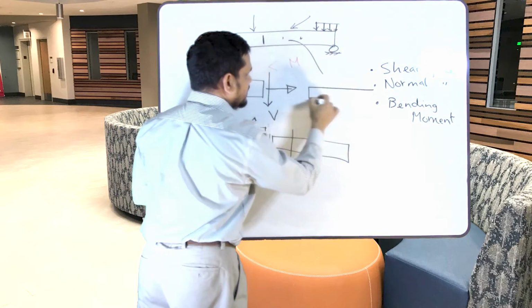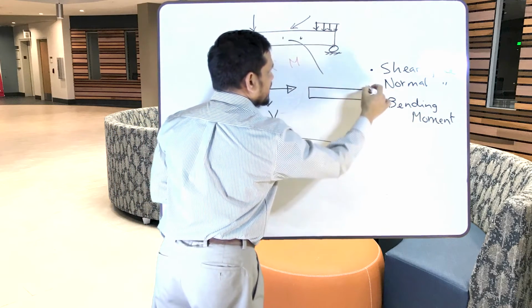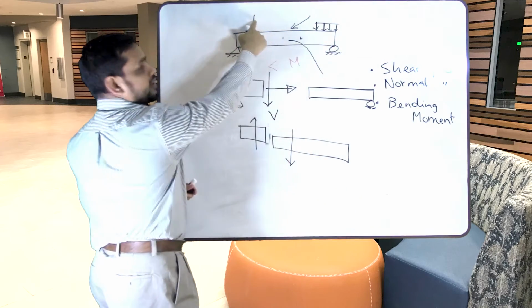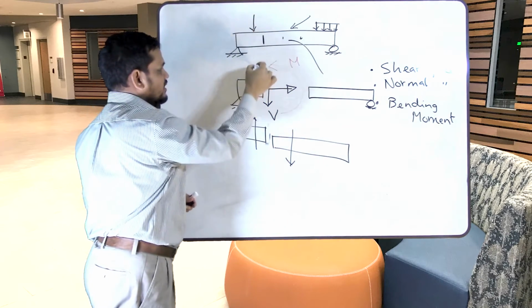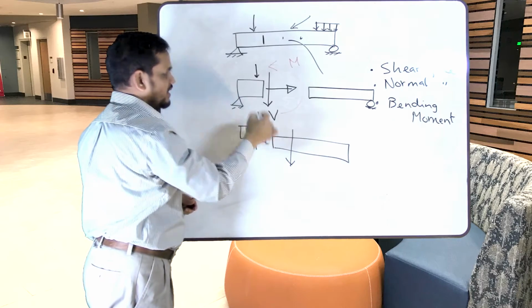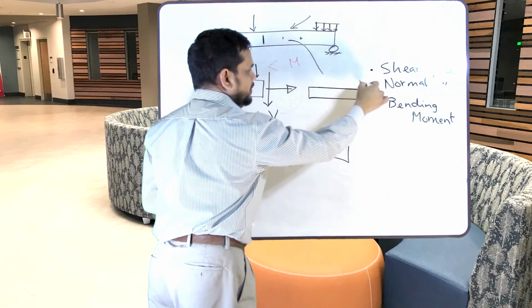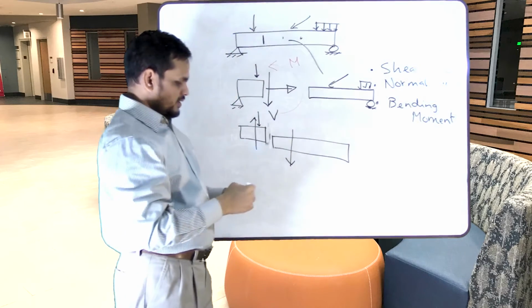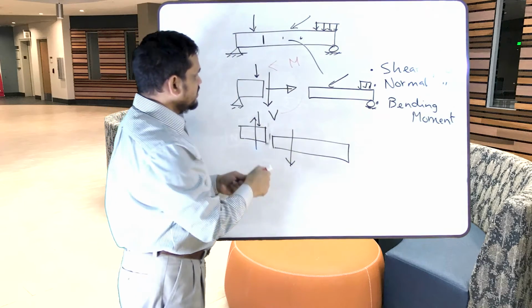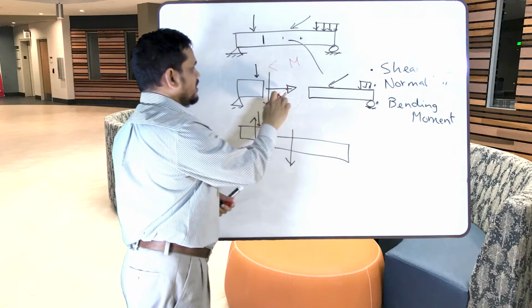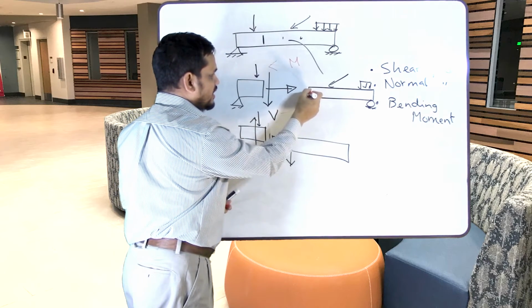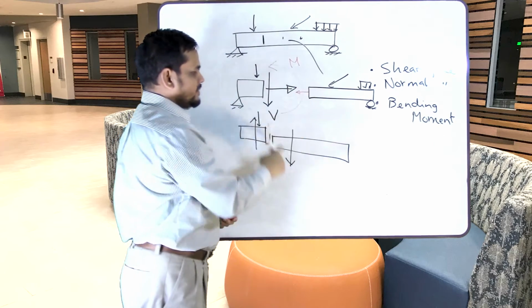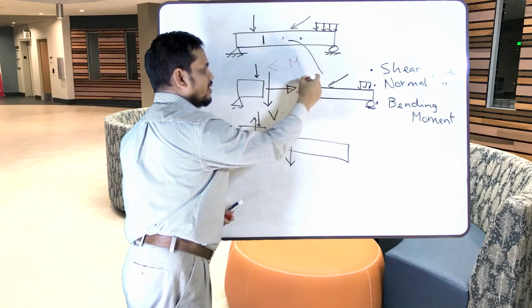So this is my beam. Oh, I forgot my load here. It should be somewhere here. So it has an inclined load here. Then what I will do this time, normal force I will draw this way, shear force I will draw the opposite way.